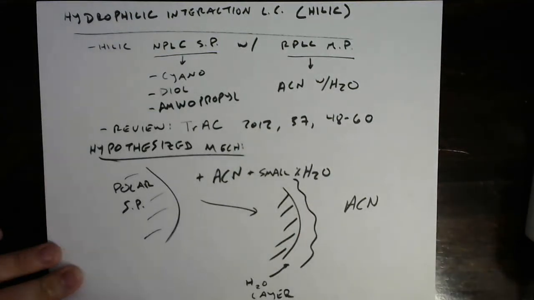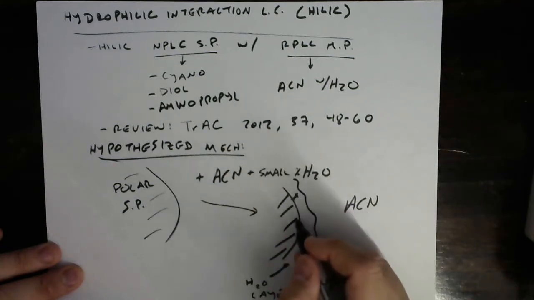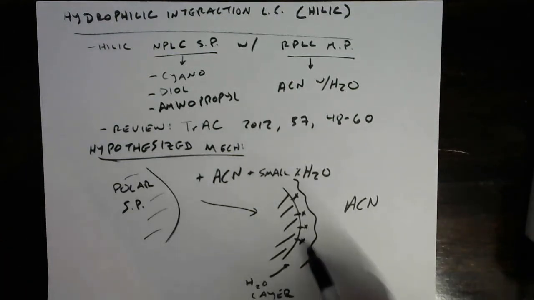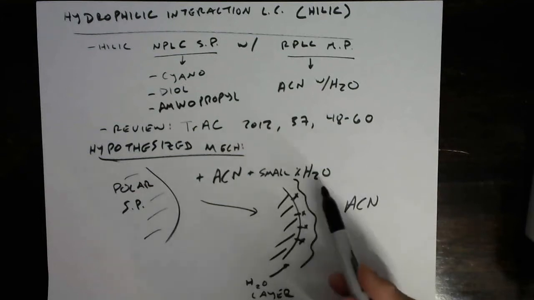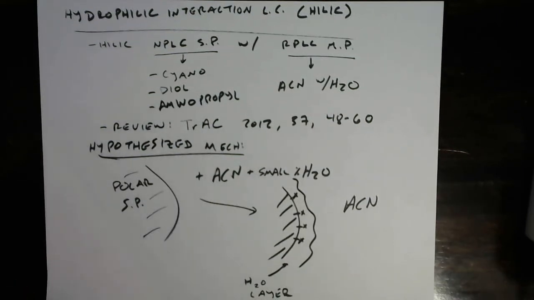And the second thing that's different from Martin and Synge is you still have your surface functionalized groups here. So these little X's might be our cyanos, might be our aminopropyls, whatever. They have some retention capability. They have the ability to bond to things that get into the aqueous solvent.